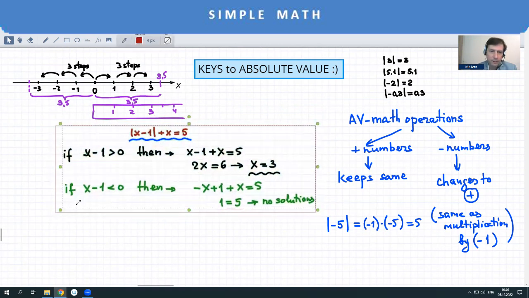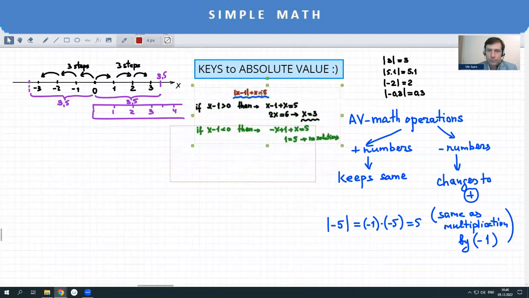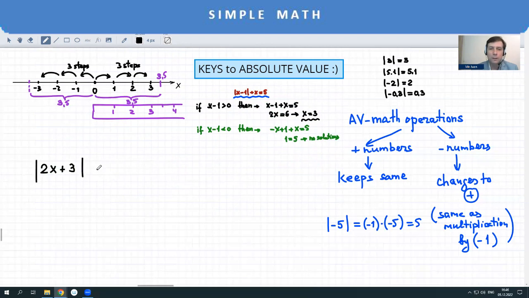And again, I'll make it just smaller. Let's put it here. If I have a bit different one, 2x plus 3 under absolute value is, for example, equal to 7.